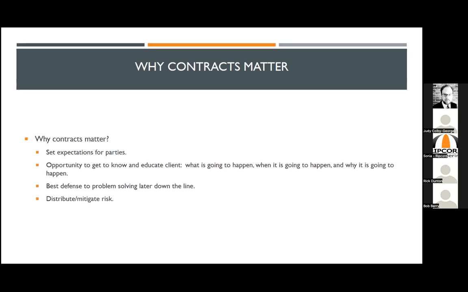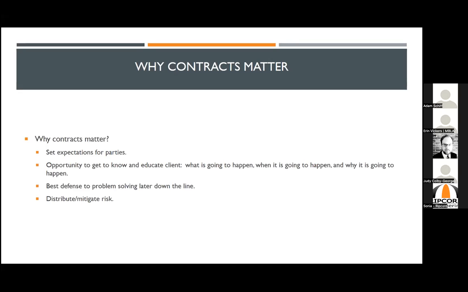Contracts matter. Why? They set expectations for the parties, and oftentimes, contracts are viewed as something that you're asking too much for, or you don't want to get bogged down in the minutia of contracts. But I think it's an opportunity early on in the project to get to know your client, to explain to them what's going to happen in the project, when it's going to happen, and why it's going to happen.